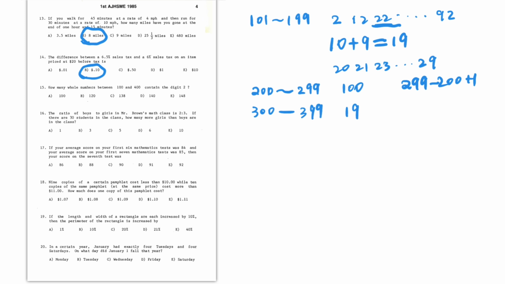The 19 numbers contain the 2. That's 302, 312, 322, 392, and 320, 21, all continuing to 29. So the total number containing digit 2 is 19 plus 100 plus 19 equal to 138. The answer is choice C.